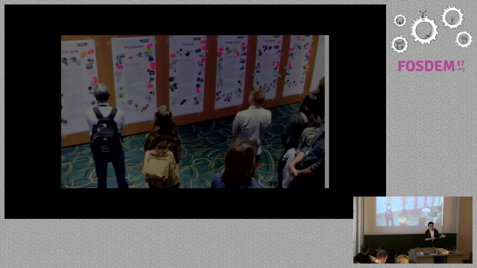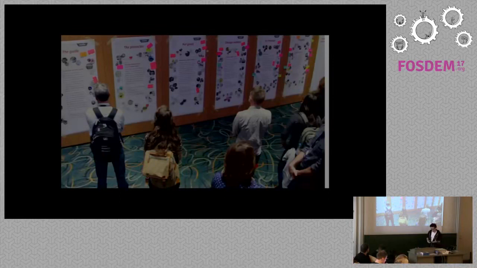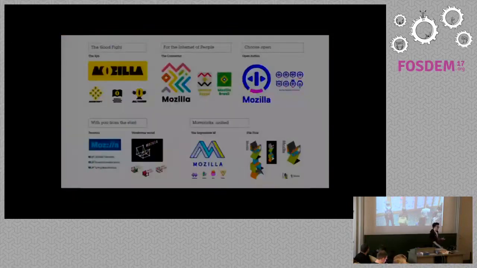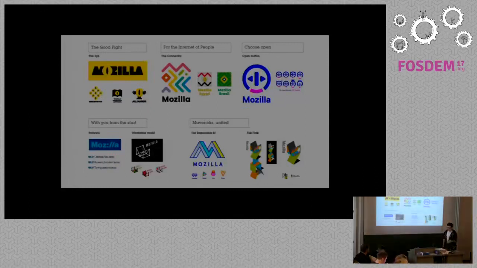So also, as Balin said before, we didn't just go with a visual design, but we asked people how they perceive the whole experience at Mozilla, how they think Mozilla should be, what role Mozilla should have in the world. And according to that perception of all the people, we started creating the brand identity and having an idea of where we should start. So this was the first phase.